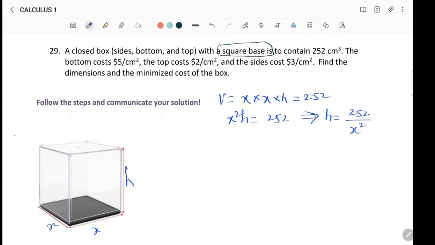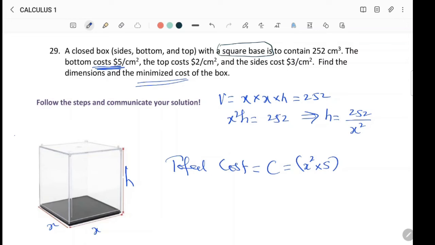Can we find the cost, right? Minimized cost. So we are going to find the cost. Total cost I am considering by capital C. The bottom, what's the area of bottom? x square, and then times 5, because for 1 centimeter square it is $5.